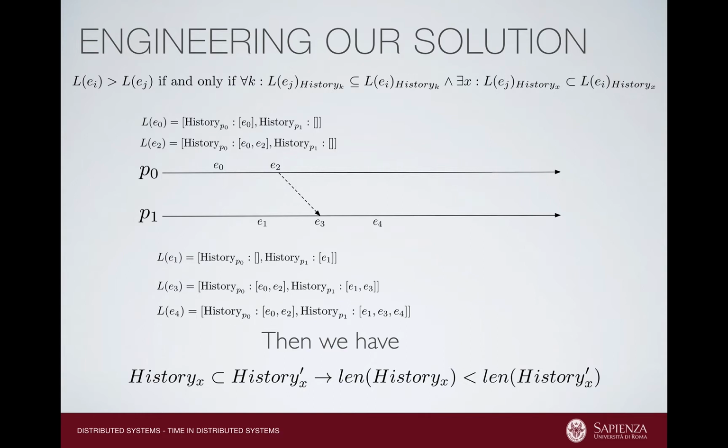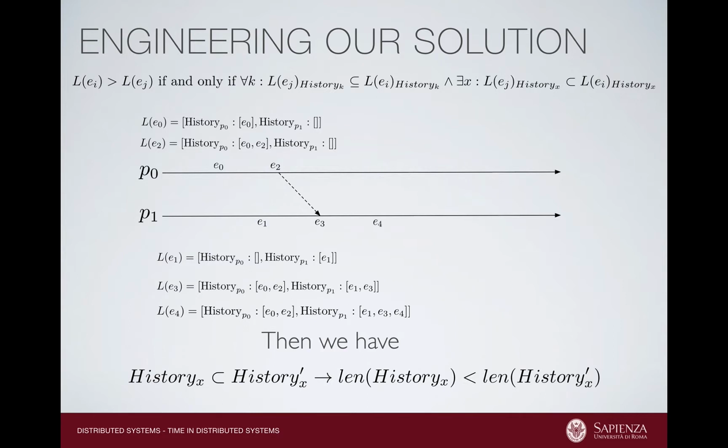So, for example, let's look at the events on process 0, the event E2 and E3, and we will be convinced of it. Event E2 contains a history of P0 that has two elements, E0, E2. Event E3, if it contains a history of two elements for P0, has to contain E0, E2.